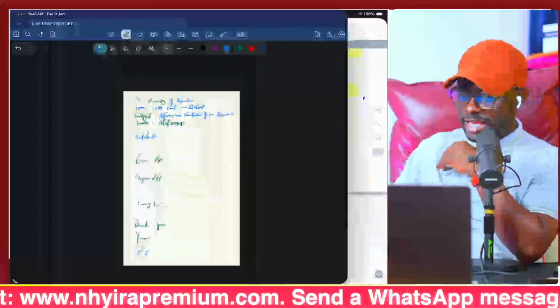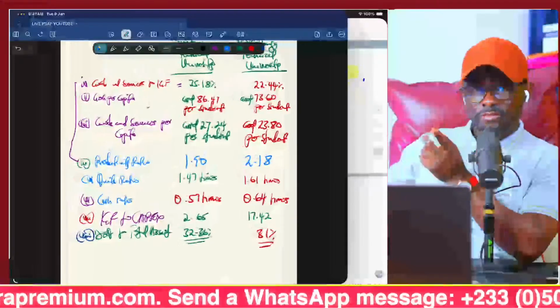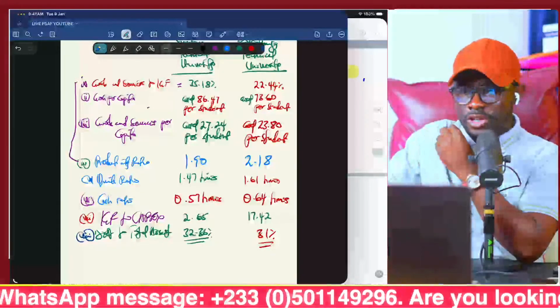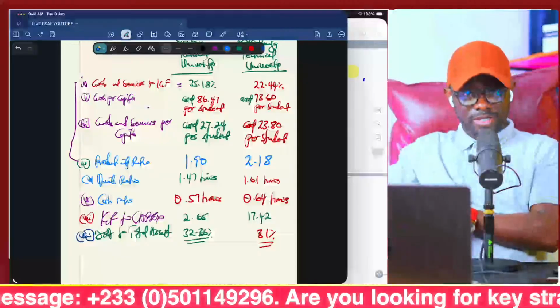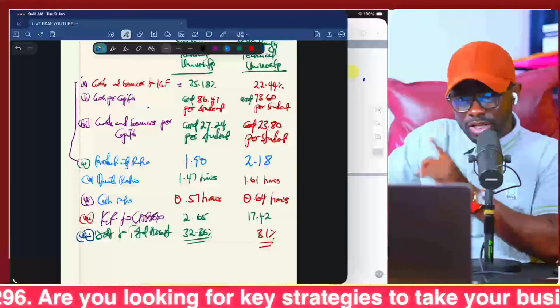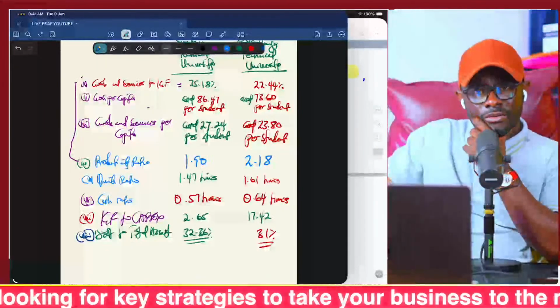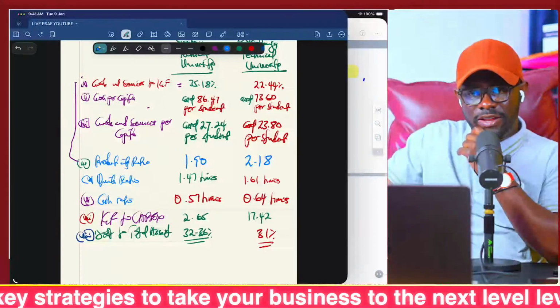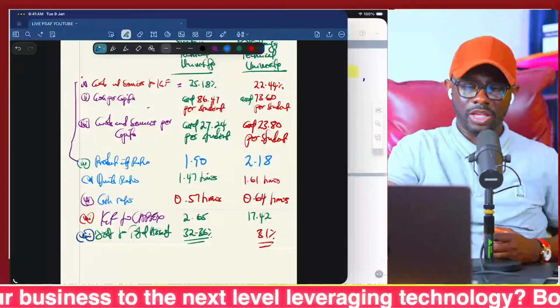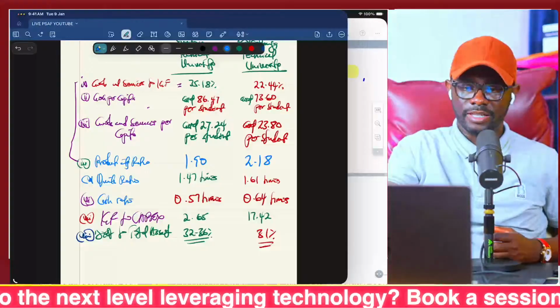But as I said, if you screw up the calculation, then your analysis is going to be au revoir, mon ami, because your analysis is premised on the outcome of the calculation. And that is something you need to be mindful of, and that is what you must understand when it comes to evaluation of financial statement.